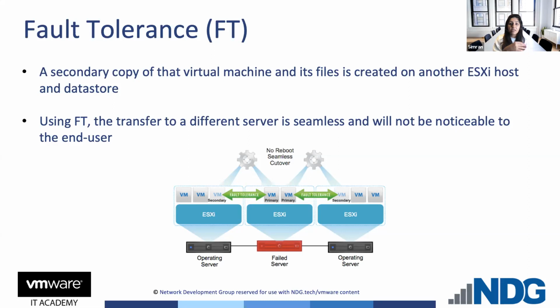Once the original has failed over, vSphere FT automatically creates this new secondary virtual machine to deliver continuous protection alongside the application. So at no point do you actually have to face a complete failover of a machine.